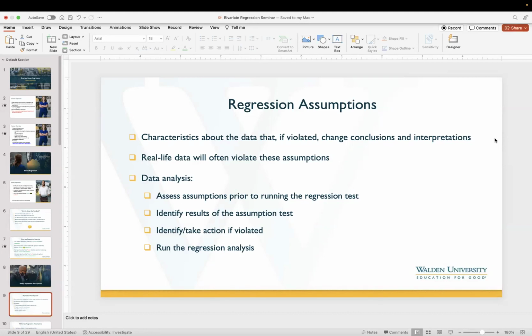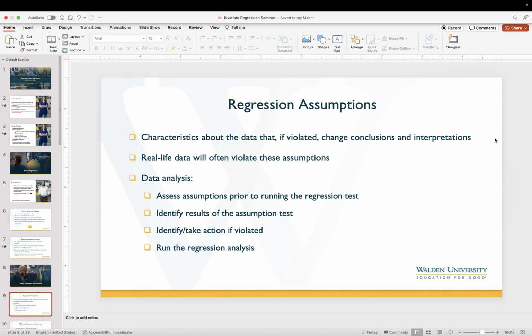So what do you do? Do you throw the data back into the pot and resample again and keep doing that? No. You analyze it. You analyze the assumptions. How do the data line up with the assumptions? Do they look okay? If not, maybe we'll make a few adjustments to the data. That's what we have to do from a conceptual perspective.